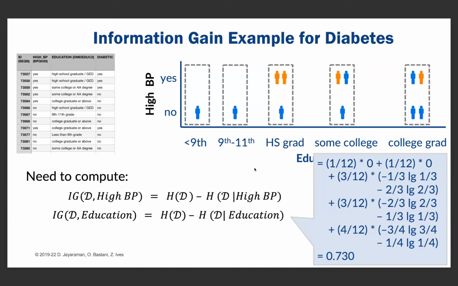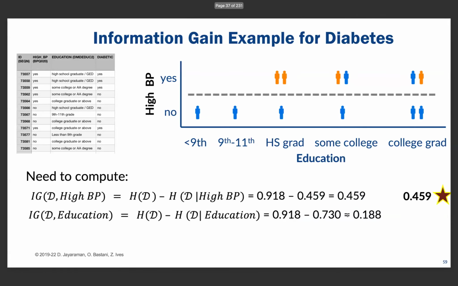I'm sorry for that. Okay, so let's go back to the calculation of the information gain. By doing this calculation, we can calculate the conditional entropy, and now we can calculate the differences, because we have the entropy of the original data set and now two conditional entropies.